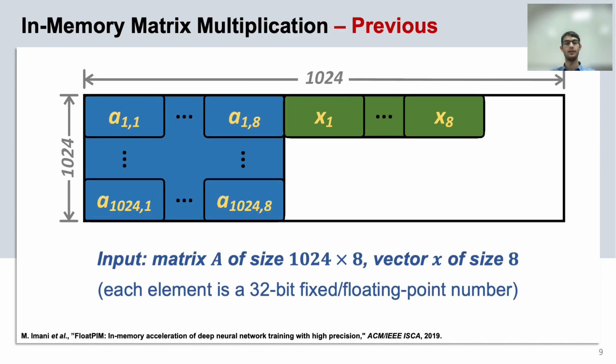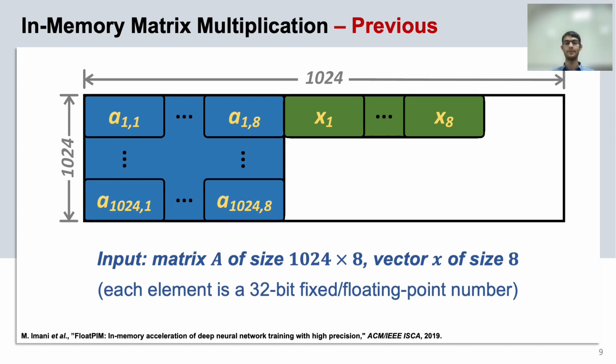Now that we have arithmetic, let's begin with one of the most fundamental matrix operations, which is matrix vector multiplication. Let's assume that we're given a matrix A of 1024 rows by 8 columns and a vector X of 8 elements, where every element is a 32-bit fixed point or floating point number. Now assume that the matrices are stored as we see here, where every element is stored horizontally, meaning that we occupy 32 horizontal memristors for every element.